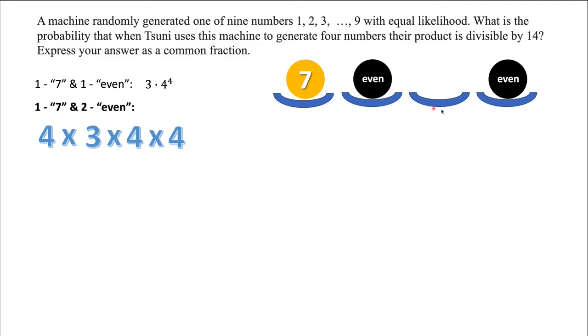And now we have 1 spot left, and that needs to be filled by an odd number that is not 7. And there are 4 choices there. So the total number of possibilities when we have 1 seven and 2 even numbers is 3 times 4 to the 4th power.